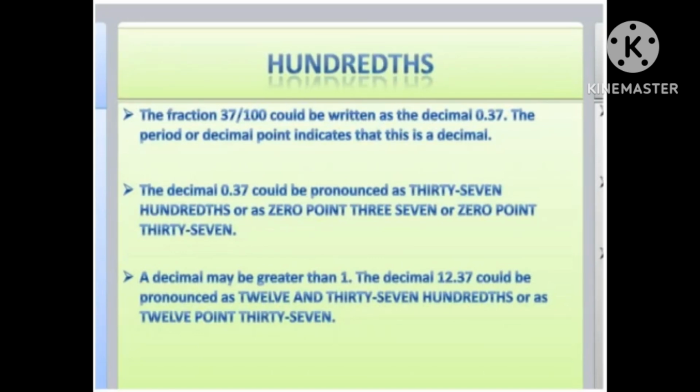The decimal may also be greater than 1. The decimal 12.37 could be pronounced as 12 and 37 hundredths, or as 12.37.